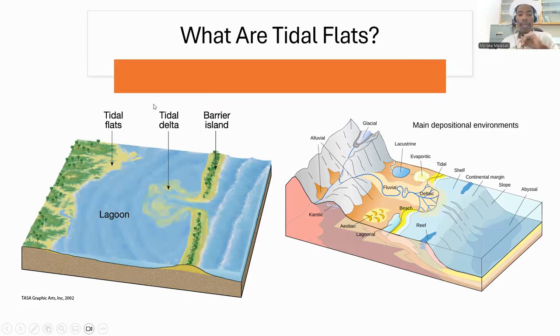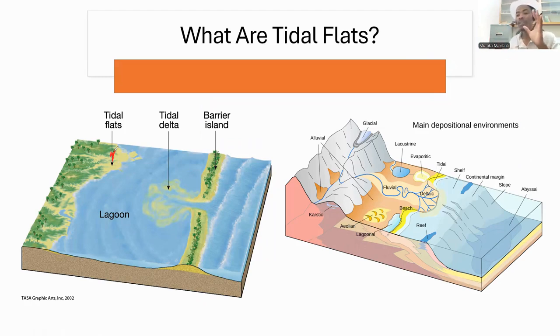Like I said, a tidal flat is just a place between land and sea, which gets covered with water when the tide comes in, and then gets exposed when the tide goes out. That's what you call a tidal flat.